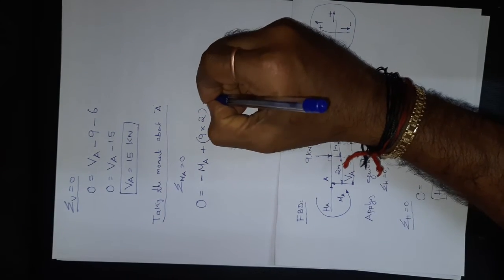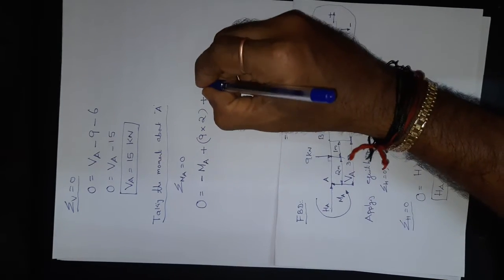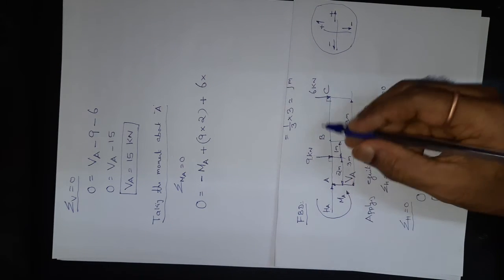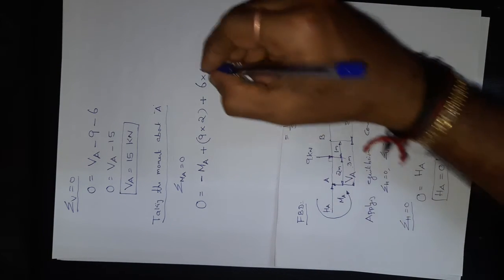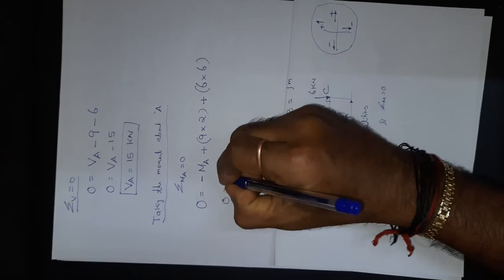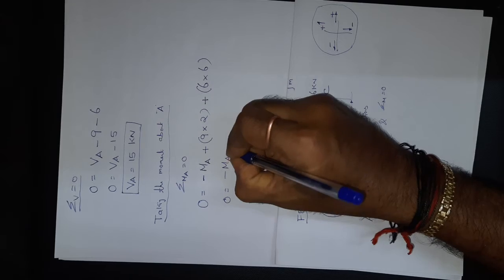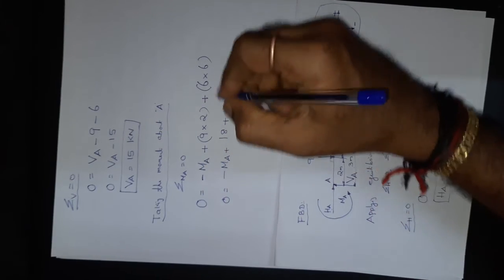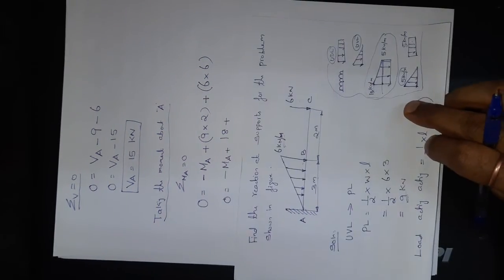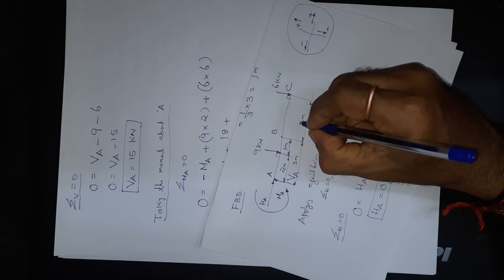Definitely it is a positive direction because it tends to rotate the object clockwise. So force into its perpendicular distance from A to C, which is 3 plus 3, which is 6. Right? So 0 equal to minus MA plus 18 plus 6 into, so total it is 3 plus 2, sorry, this is 2 meter, right?